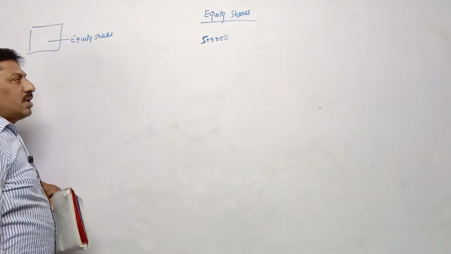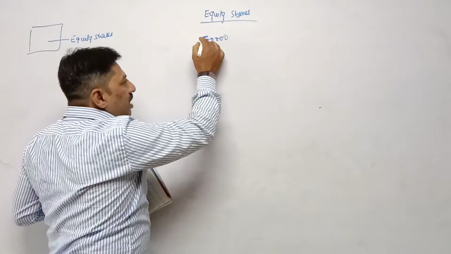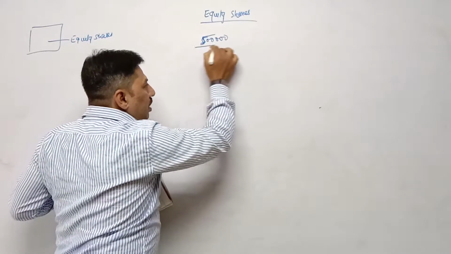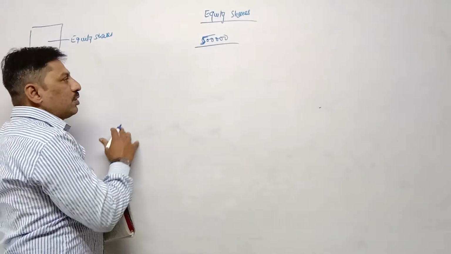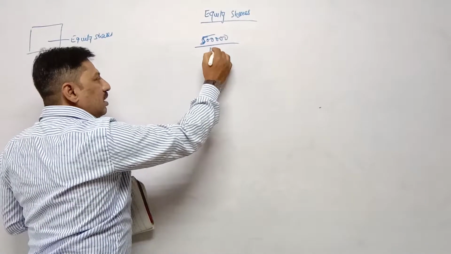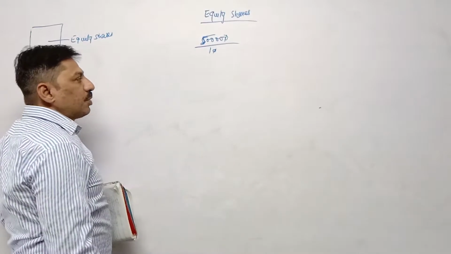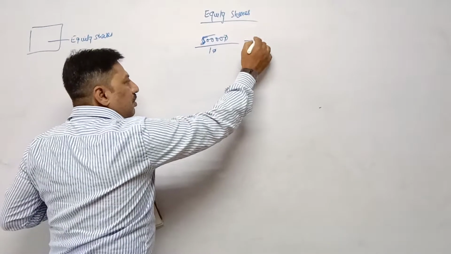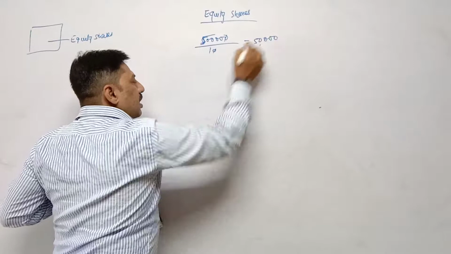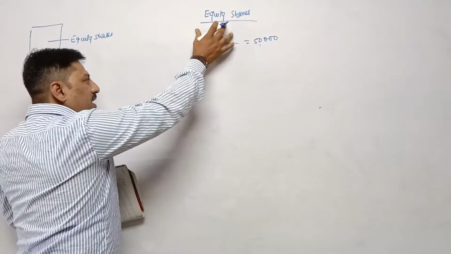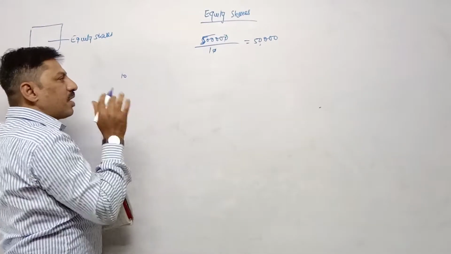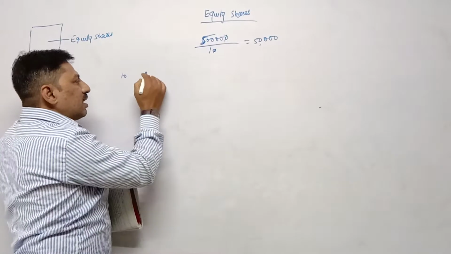That's why the company divides the whole amount into different parts. Suppose each part is of 10 rupees. If we divide 5 lakh rupees by 10, it comes to 50,000. It means the company has divided 5 lakh rupees into smaller parts, and each smaller part is of 10 rupees.